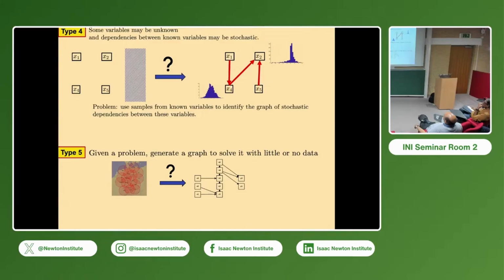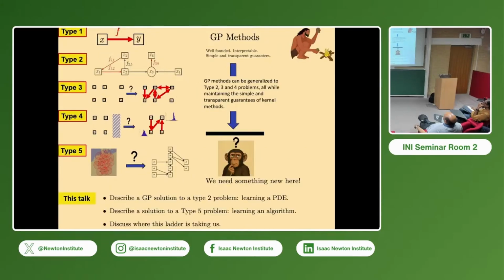Now, although Gaussian process methods are oftentimes seen as a well-founded but old technology limited to type 1 curve fitting, they can be generalized to solving type 2, 3, and 4 problems, all while maintaining the simple and transparent guarantees of kernel methods. But for these type 5 problems, you need something new, okay?